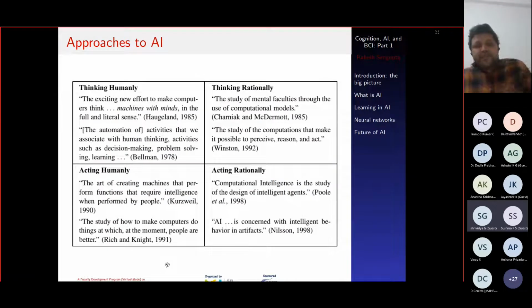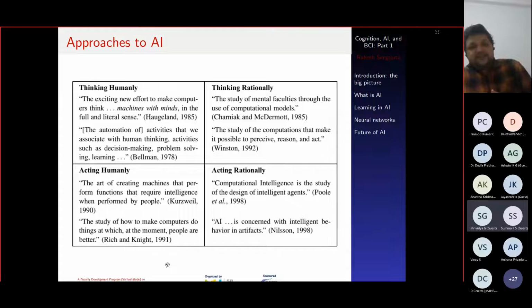Now, to that end, there are four different kinds of approaches to AI given in one of the best textbooks for artificial intelligence available in the market right now, Russell and Norvig's textbook, named appropriately Artificial Intelligence.